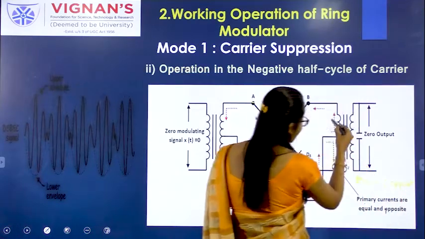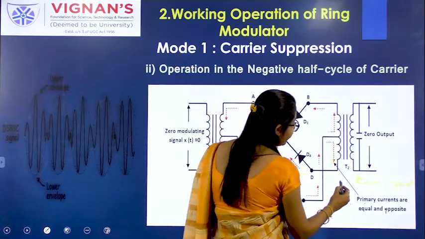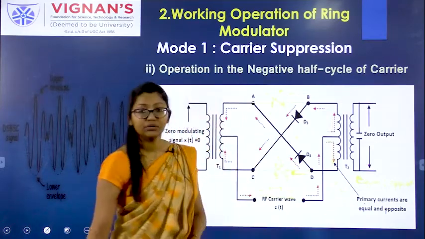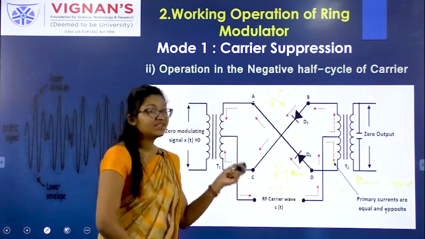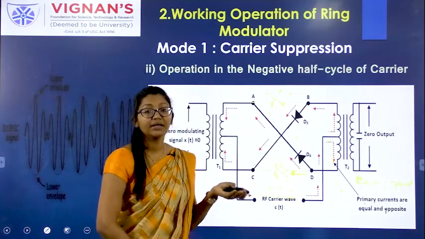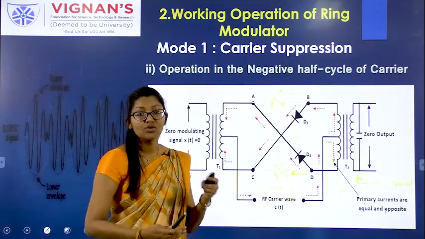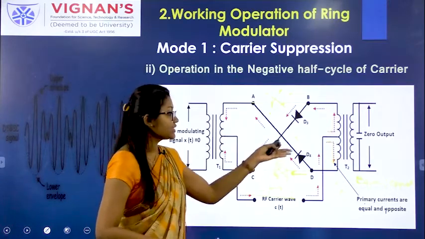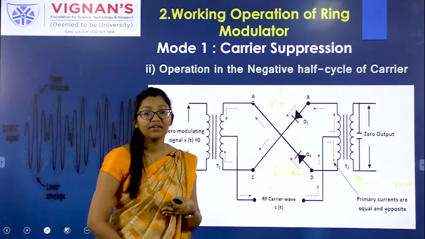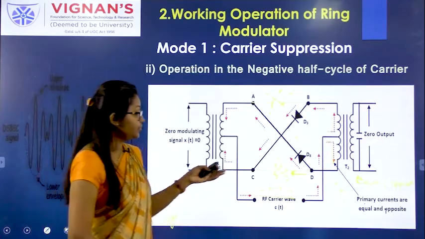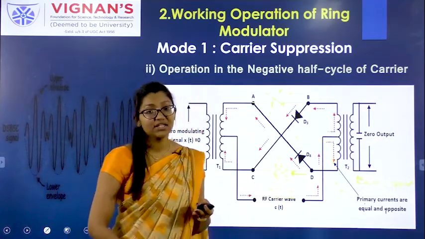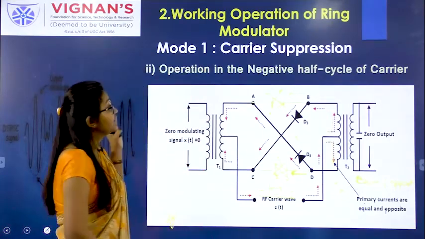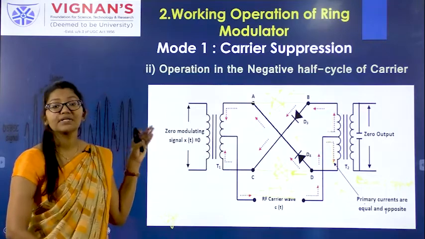So the primary currents are equal and opposite, and again they cancel each other, and you will get zero output, right? In the previous case both currents were entering at a time, so the currents were equal and opposite and cancelled each other. In the same way here both are leaving at a time, so they cancel each other, and finally zero output appears. So in this mode 1 we suppress the carrier.